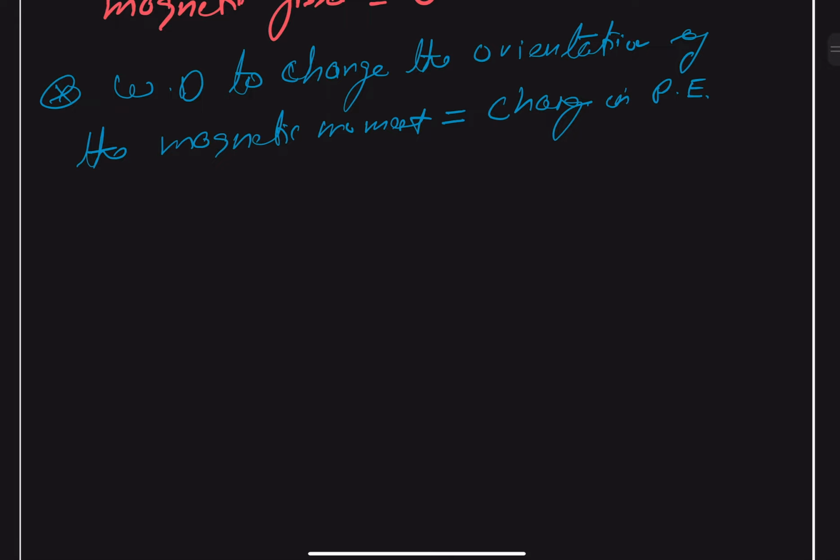So we can write work done W will be equal to the change in potential energy, or we can say final potential energy minus initial potential energy.